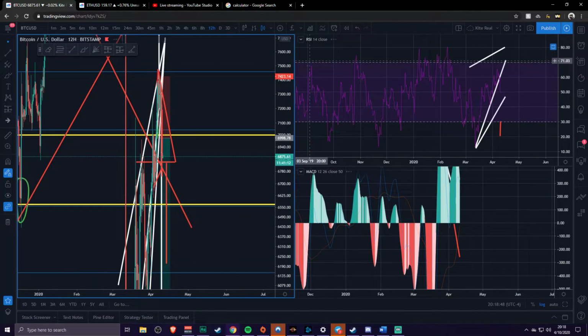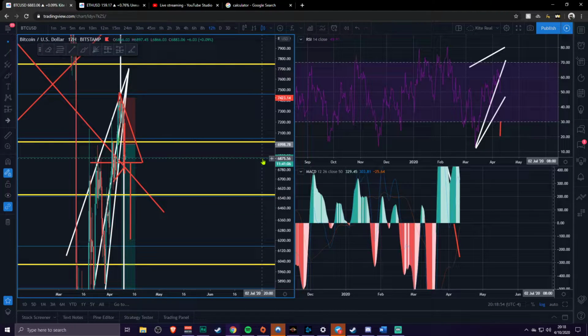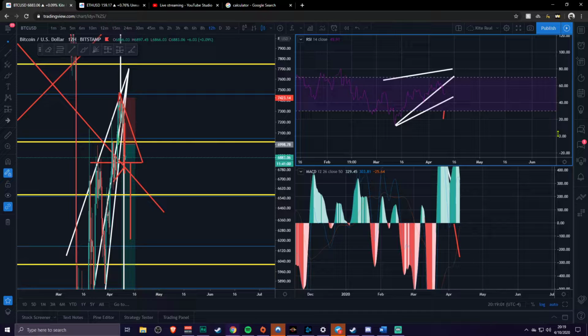Let me go ahead and look at the 12-hour RSI. The 12-hour RSI is in a very peculiar place. We could use the rest of the RSI to tank the price, which I would absolutely love. But on the other hand, it is chilling around the 50.